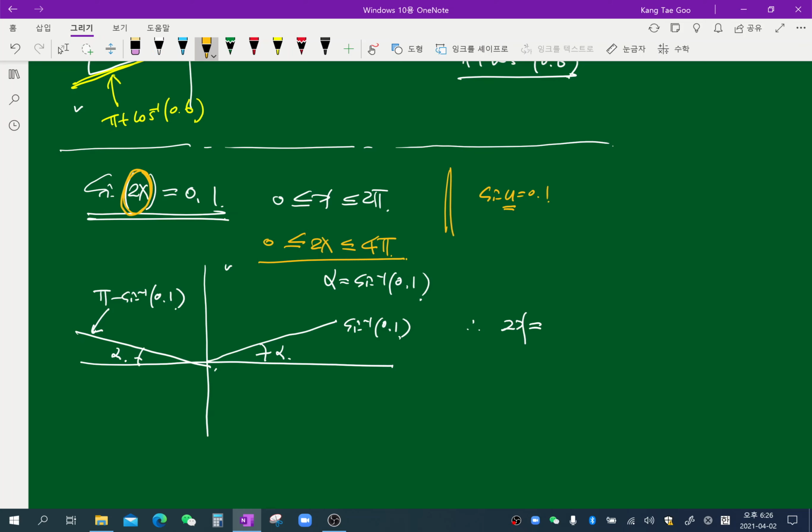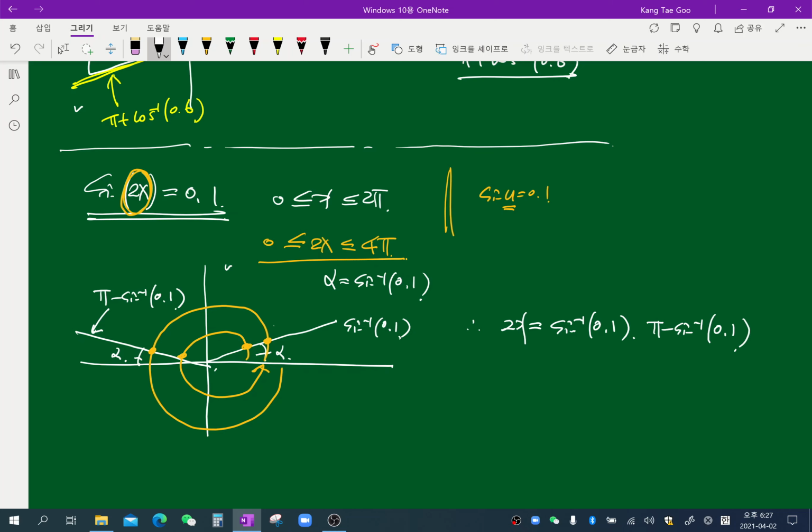within 2 revolutions, which means 1 revolution and then one more revolution. We have 1, 2, 3, 4 answers. The first one is sine inverse 0.1. The second one is pi minus sine inverse 0.1.